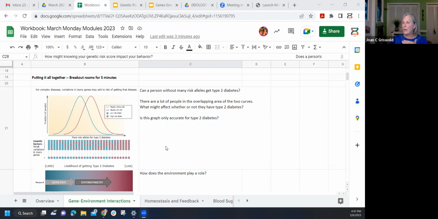I want you to really sit with this for a minute, make sure that you really understand the X and the Y axis, and think about questions that your students might have about what's going on in this. And then there are 3 questions here on the side to discuss as a group. Can a person without many risk alleles get type 2 diabetes, or a person with a lot of risk alleles not get it? You see the other 2 questions here. There is a lot of overlapping area. And then, does this graph only work for type 2 diabetes?